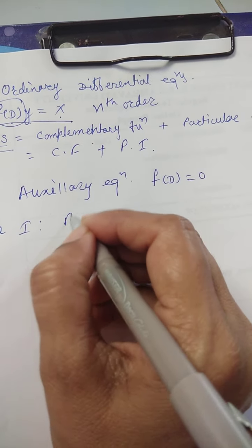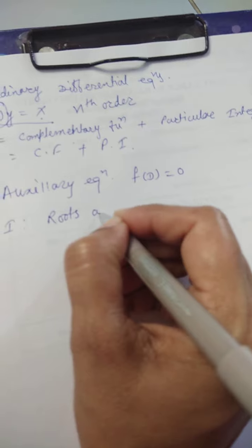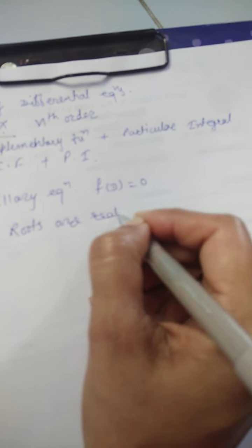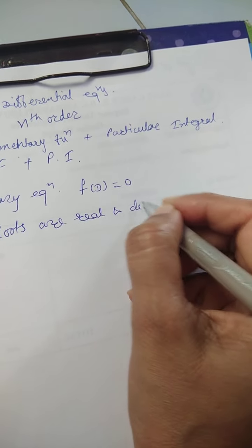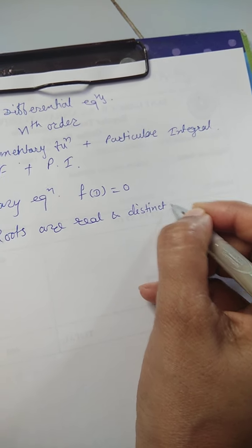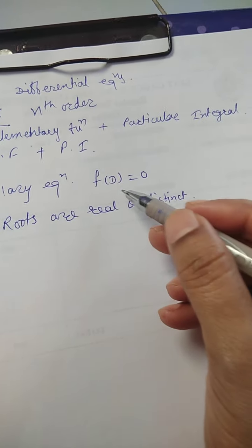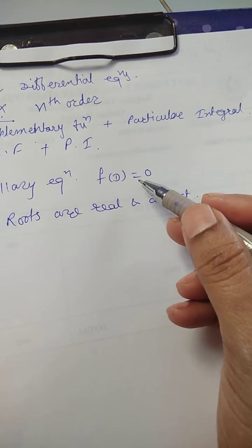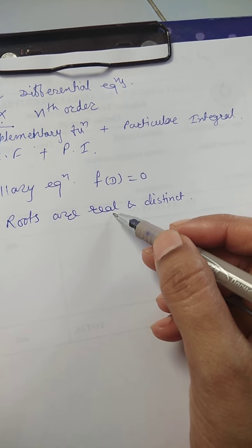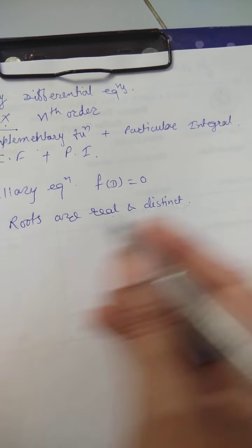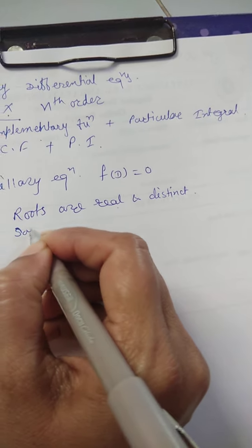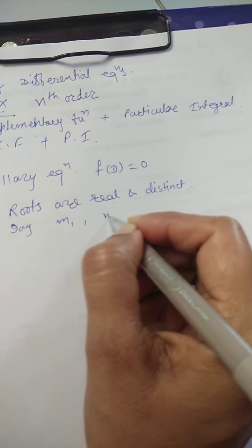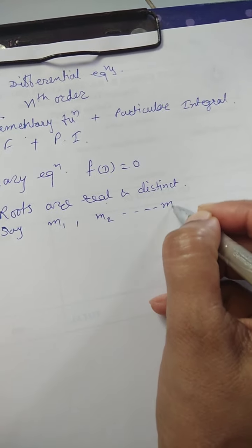First one, when the roots are real and distinct. So when we have different values of D, that is roots of this f(D) = 0, the values are real and distinct. Say the values are m1, m2 up to mn.